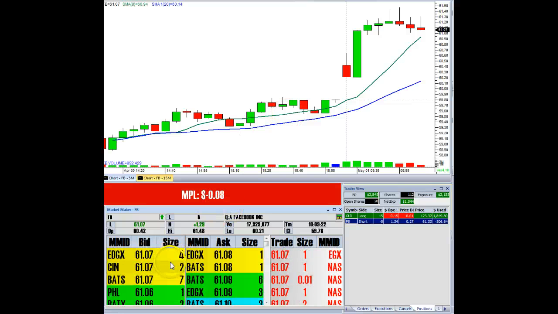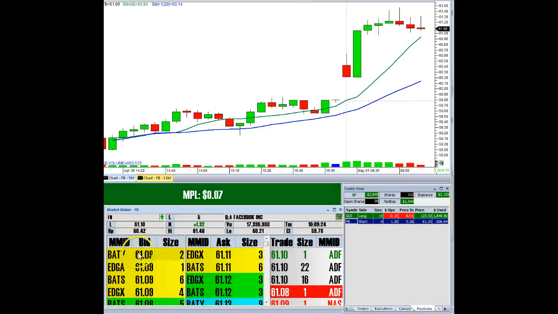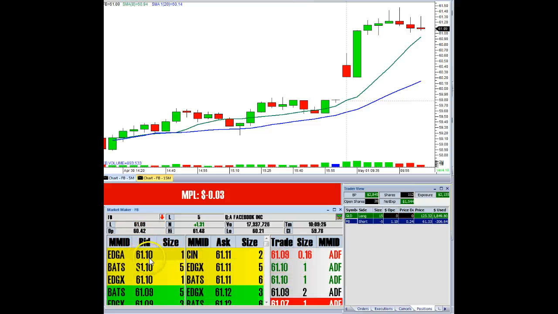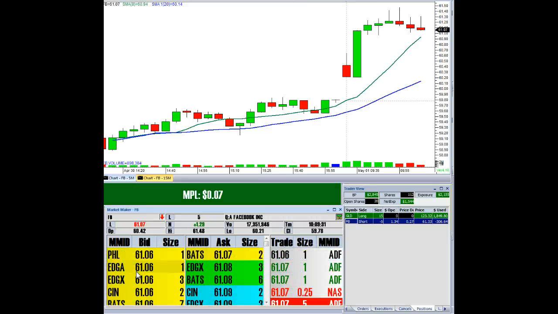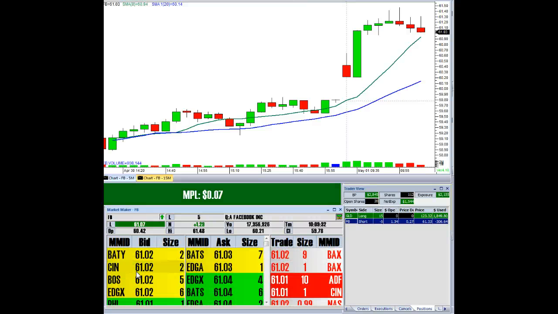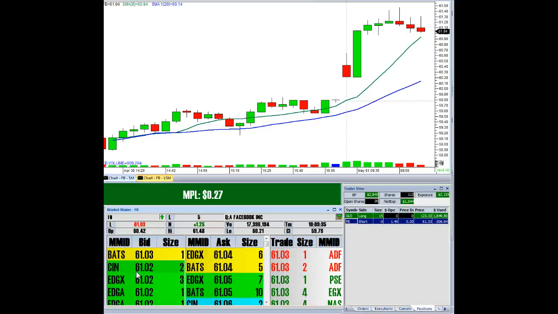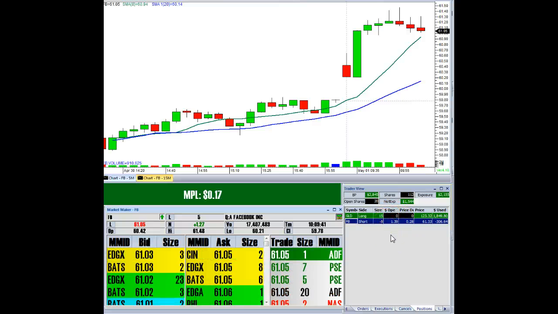But I have the order to cover at 60.95. It's not too far away, 10 to 15 cents away. I'm up $1.39 on Facebook right now. See if we can come down and get to that green line.